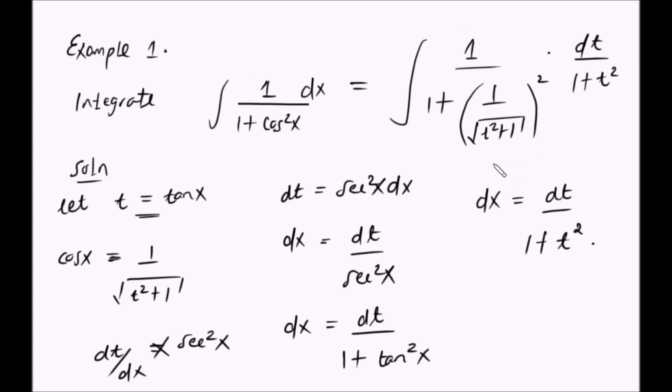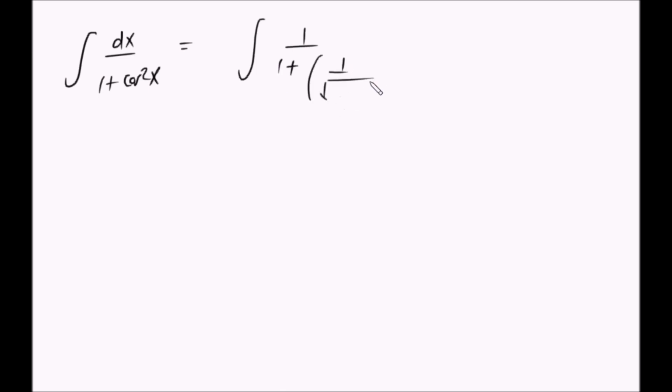So let's continue from there. So tumesema kwamba hii dx over 1 plus cos squared x ni sasa 1 over 1 plus, so cosx yetu ndo huyu hapa, t square plus 1 squared, afu dx yetu ndo huyu.